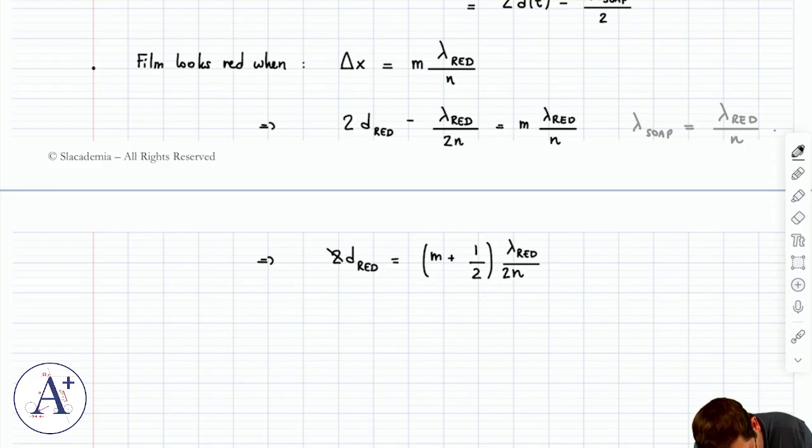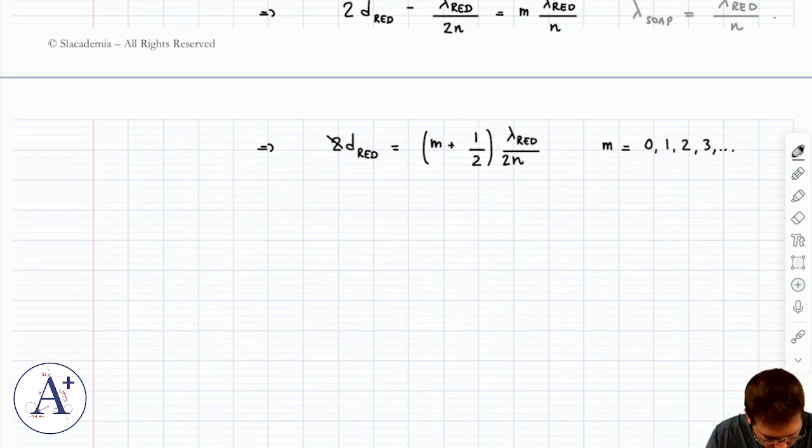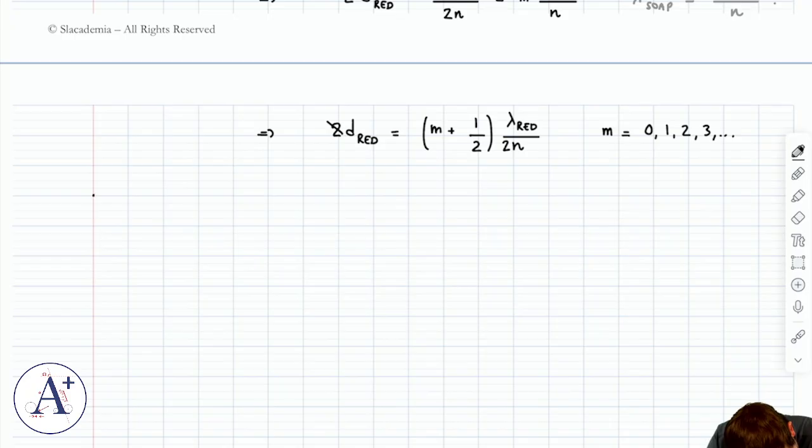And I know that it's for m equal to, now d red has to be positive, right? So the smallest m could be 0, 1, 2, 3, and so on and so forth. Now, how do I know which one to choose? I don't, right? I'm going to just try. I'm going to start with m equal to 0, and I'm going to see what I get.